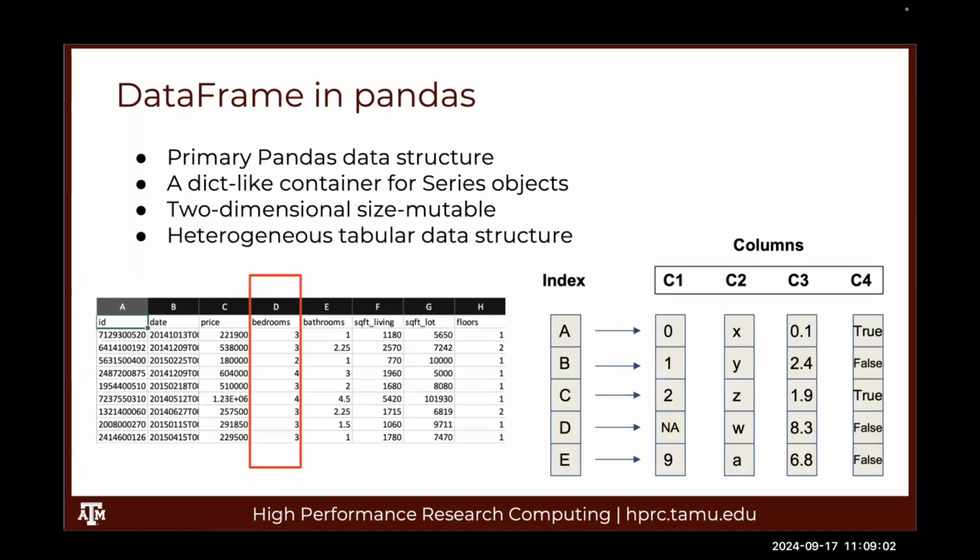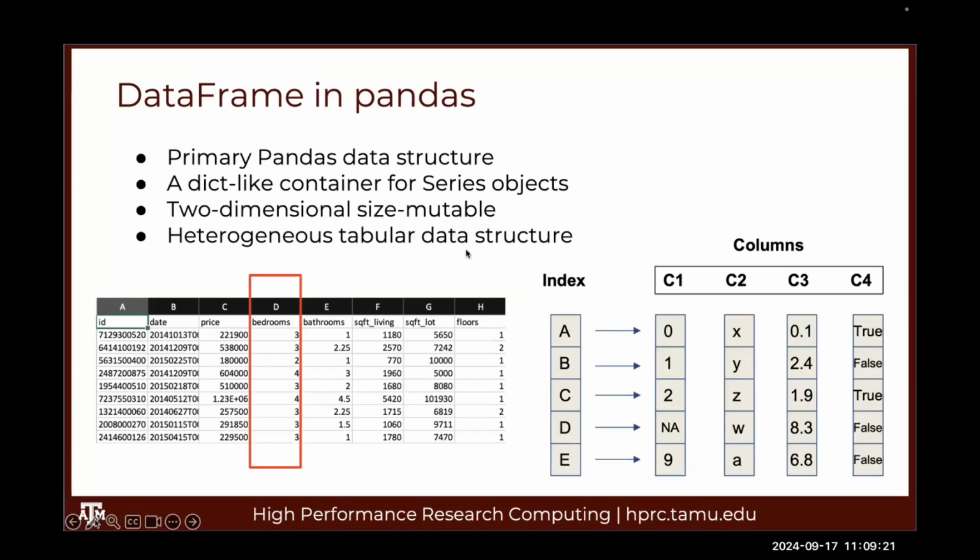The data frame, you can think of it as a spreadsheet. It's 2D data, and it has columns, and it can include different data types in the data frame. For example, integer, floating, and also string and Boolean variables as well.